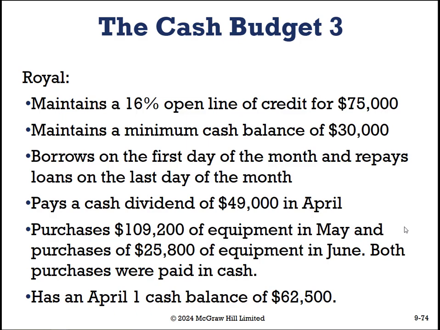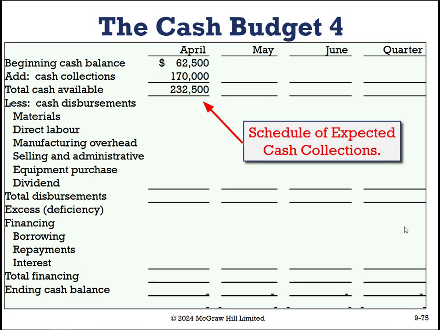Let's plot this out. So we start off with our $62,500. Recall from our accounts receivable schedules that we collect $170,000 worth of cash in April, which means that we have total cash available of $232,500. From there, let us look at our disbursements.